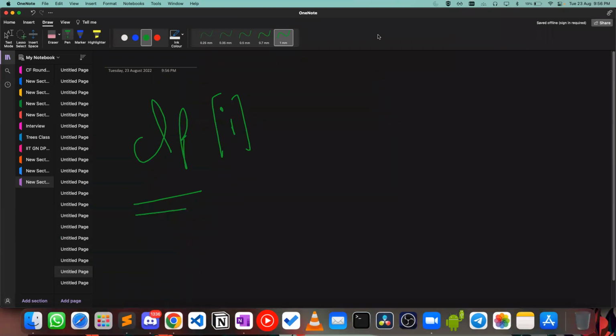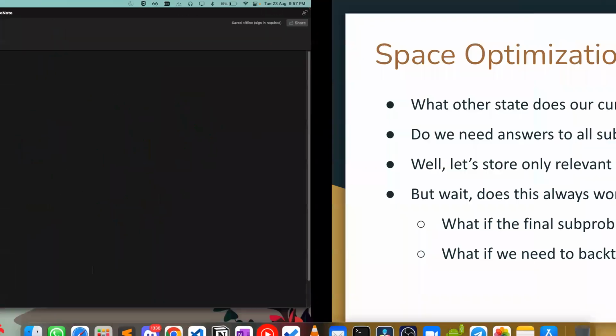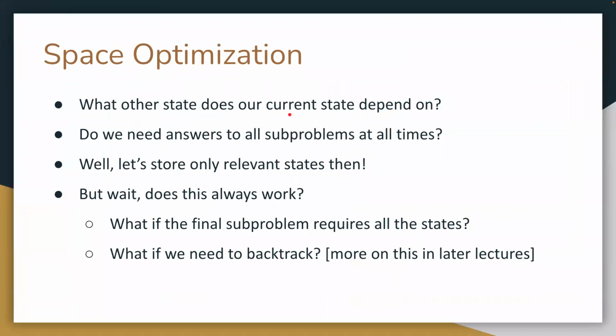Tell me all the states that it was dependent upon in the dice rolling problem, the first problem from the homework. It was dependent on dp of I minus 1 to dp of I minus 6. That's correct. This is the first step. When you're talking about space optimization, think about the other states that my current state is dependent upon.